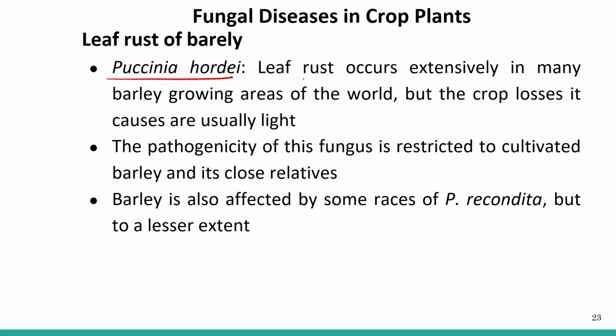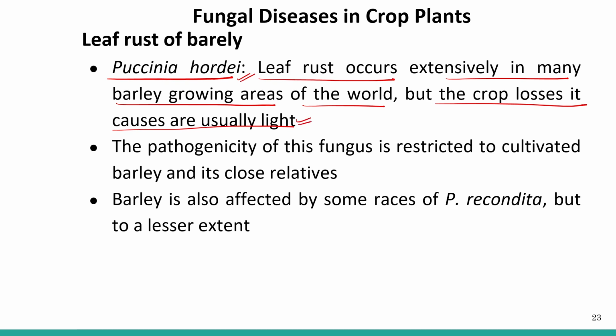Puccinia hordei, leaf rust, occurs extensively in many barley growing areas of the world. This particular Puccinia hordei infects the barley plant, but the crop losses it causes are usually light. The pathogenicity of this fungus is restricted to cultivated barley and its close relatives.